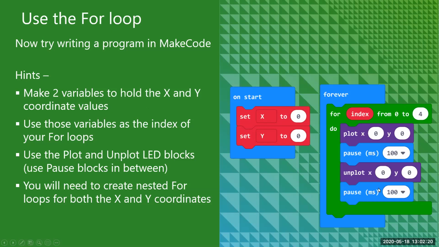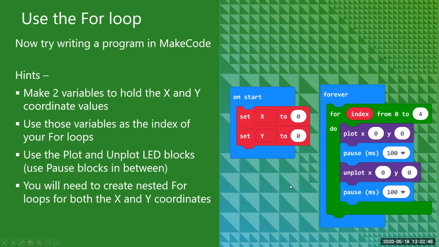So the second time you run through, index will be 1. It'll come back, then index will be 2, and then index will be 3, and then 4. And after it gets to 4 and goes all the way through, it'll come back and see, oh, it's at 5 now. 5 is greater than 4, so I'm done with my for loop, and it's going to quit. And it's going to exit out and do the next line of code.